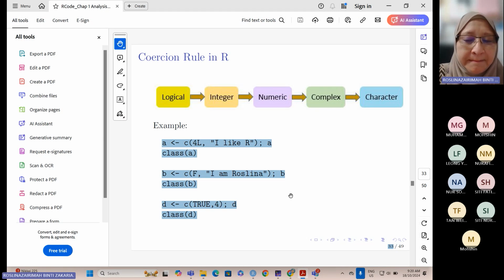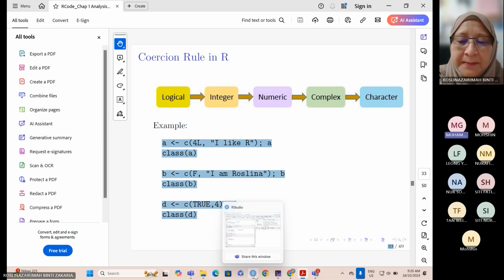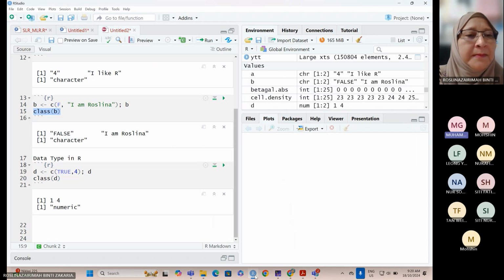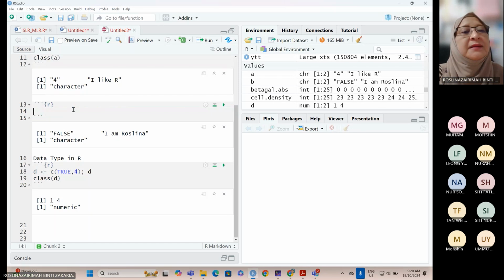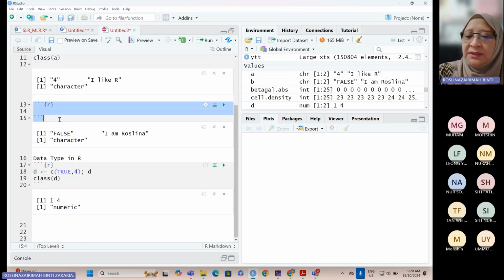Doctor, can you show again how to write the line on 17? Because when we see from line 12 and 13, there's no space. Okay, you can just delete. Let's say you want to delete this and then do it again.